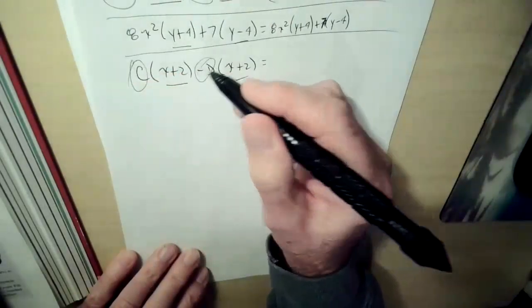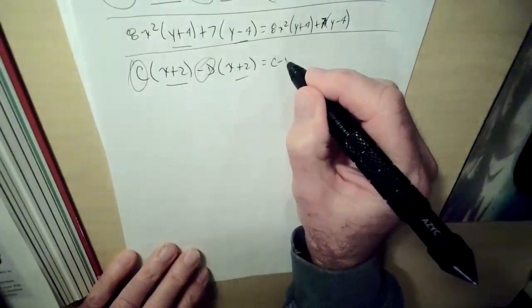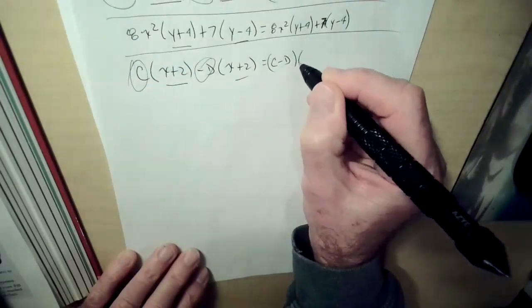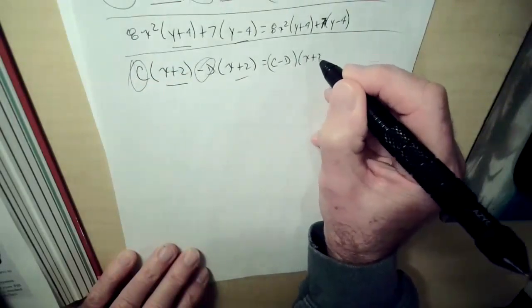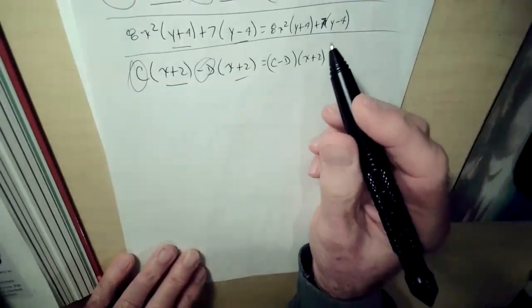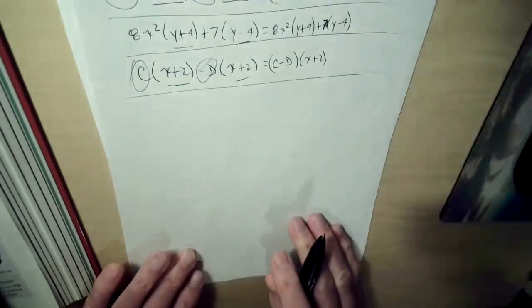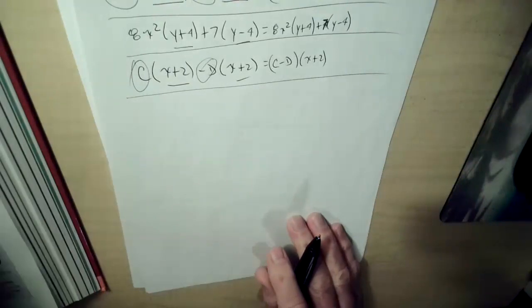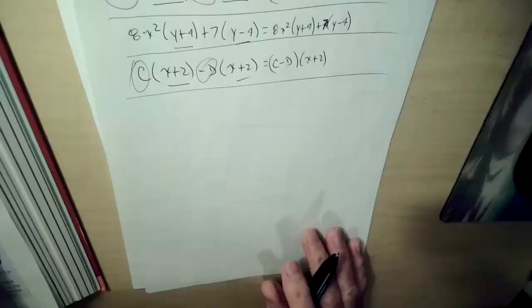Okay, again, these two are the same. This is really not any different. It just looks a little different. So we group these two together. C minus D times x plus 2.